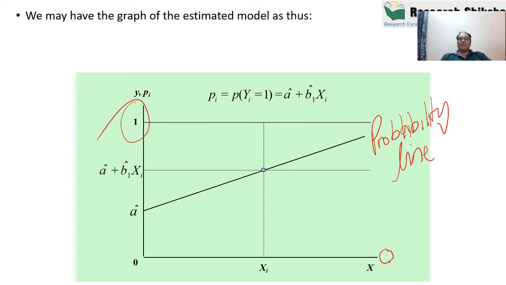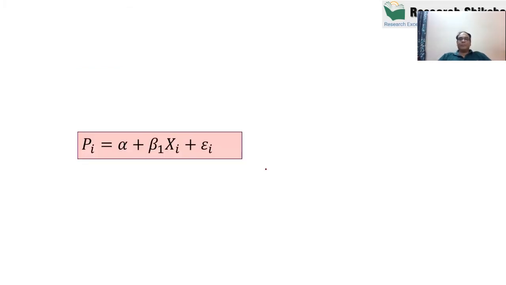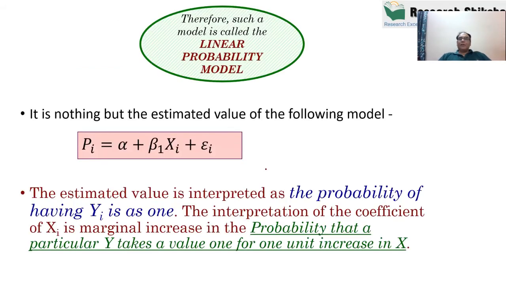You can see that it is 0 and it is 1, and the probability should lie within this range. And in the linear probability model, this probability is a straight line. This is one of the assumptions. This model is known as the linear probability model, and we are predicting the probability of an event with the help of the independent variable.